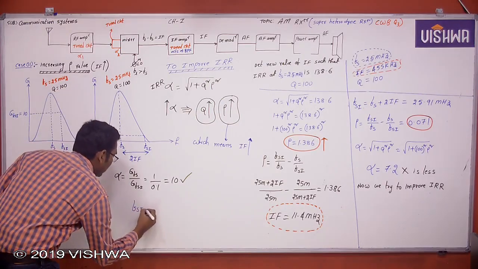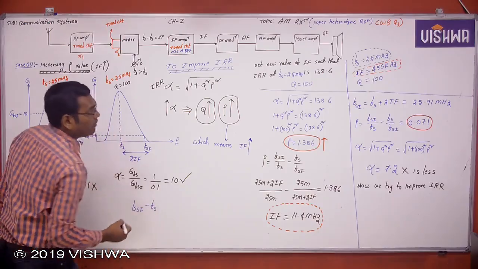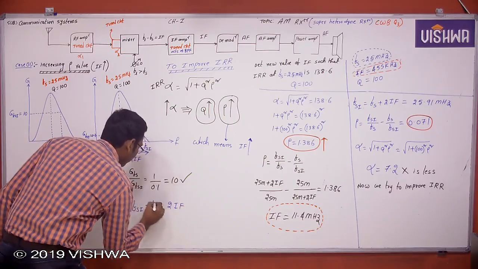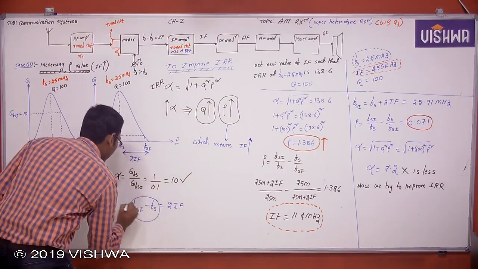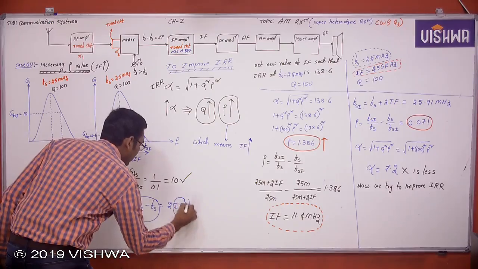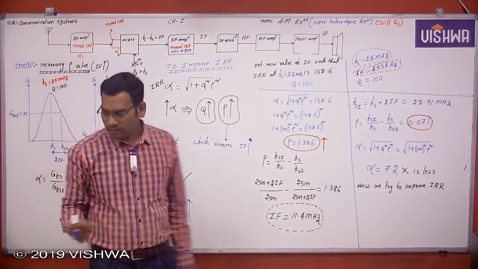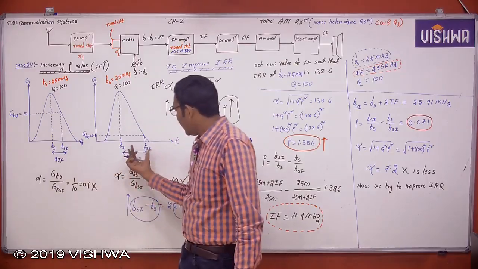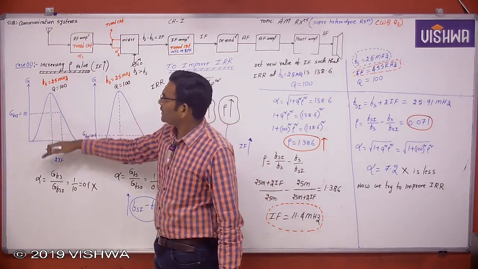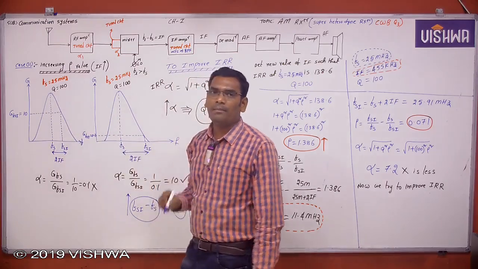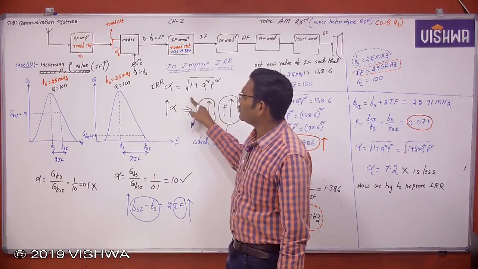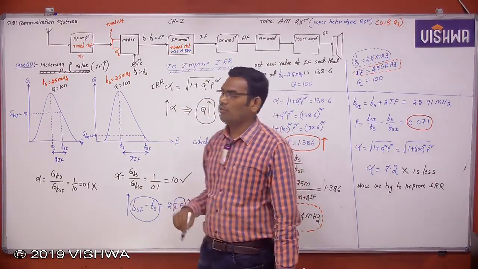Fsi minus Fs is equal to 2IF. When this gap is increased, then this IF is also increased. Now this difference is increasing, IF is increasing. When IF increases, the gain at Fsi decreases. Therefore, a practically preferable method to improve the image rejection ratio is increasing the rho value. Okay. No doubt.